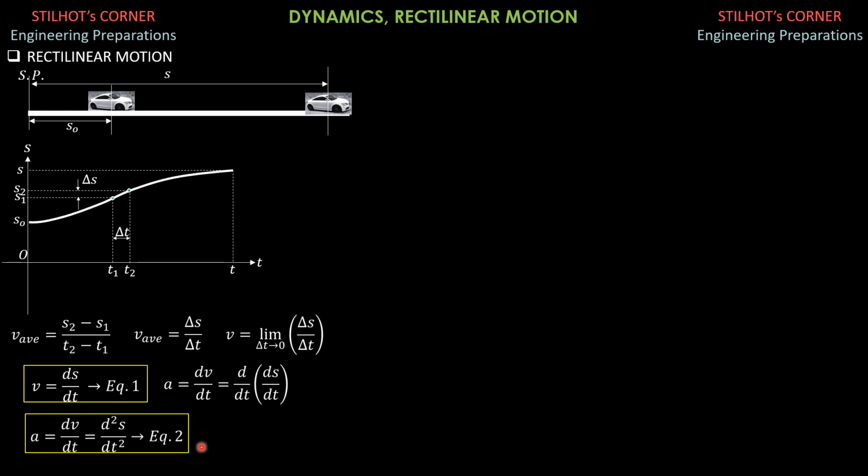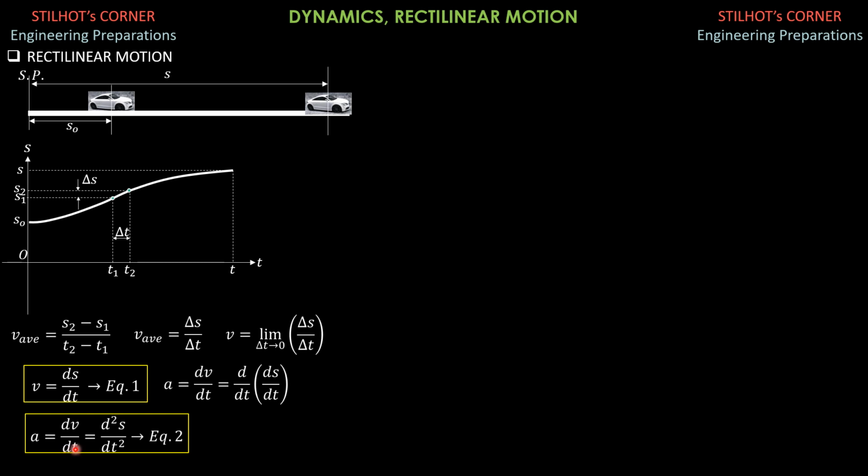Call that equation 2. That's the second differential equation of motion in rectilinear motion.